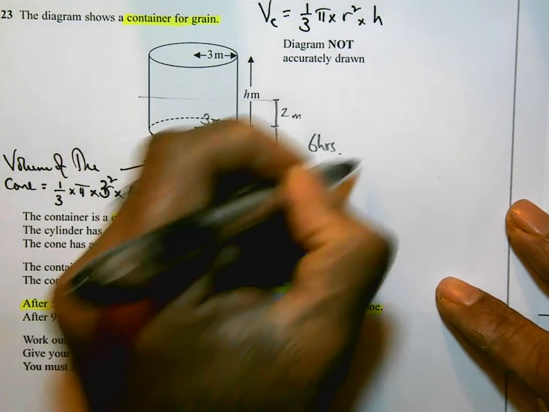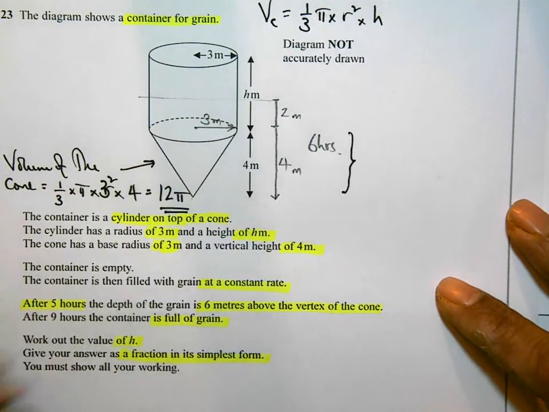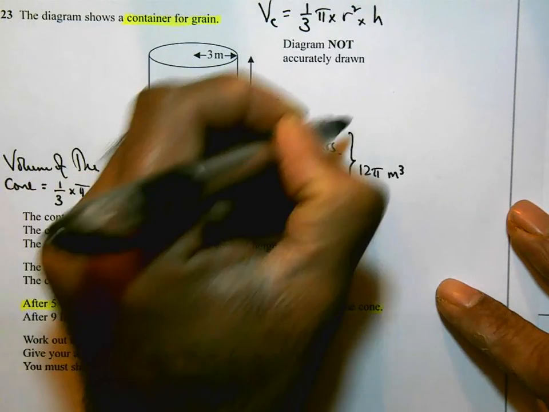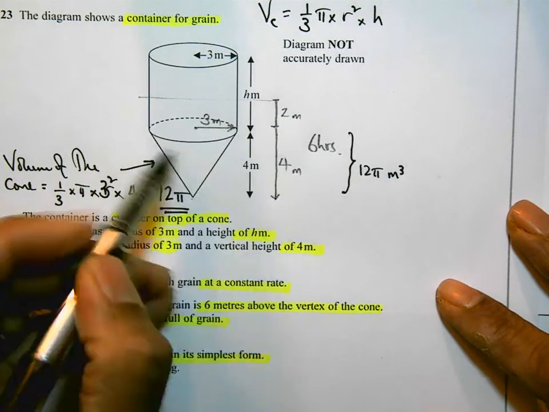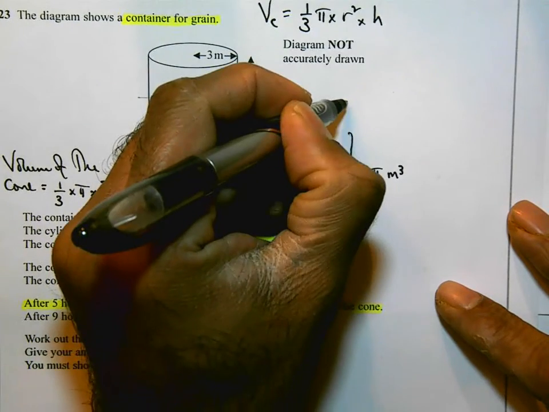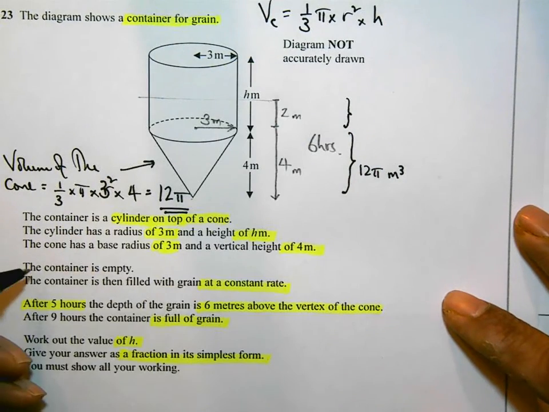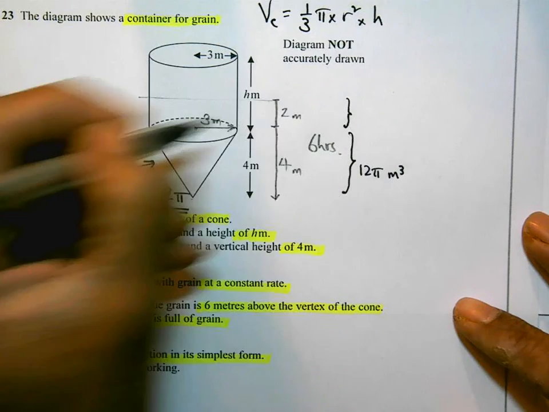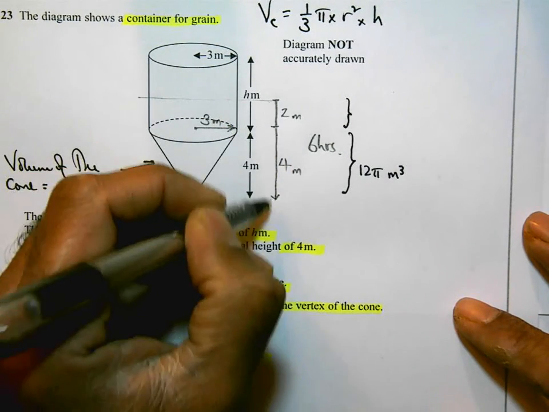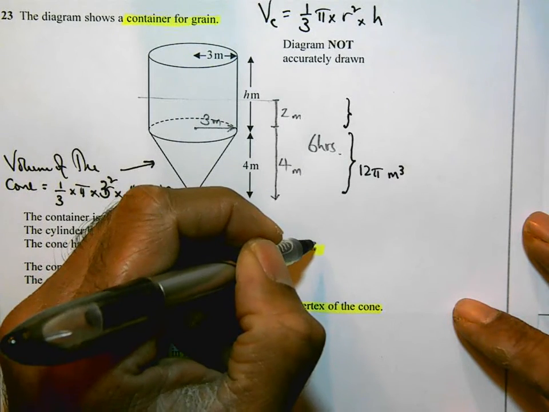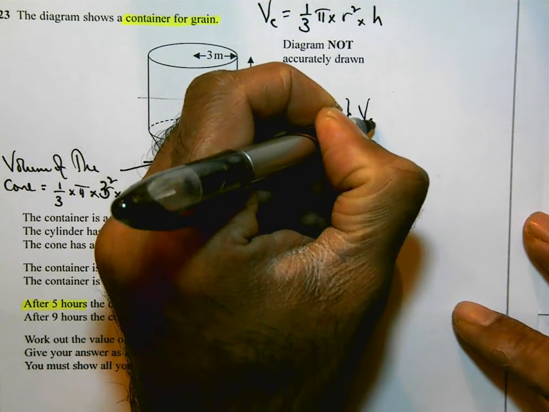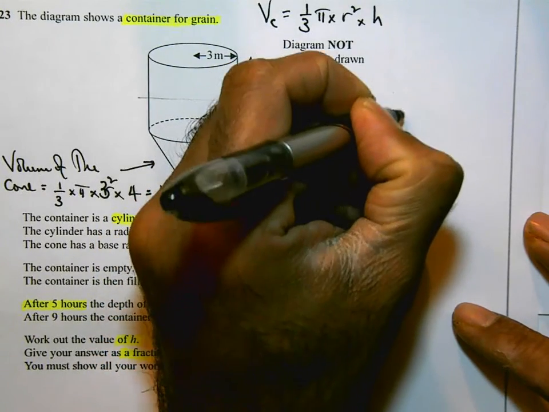So I know the volume for the cone is going to be 12 pi meters cubed. I need to work out the volume of grain in the cylinder. Now, it's 2 meters high that it goes up to.